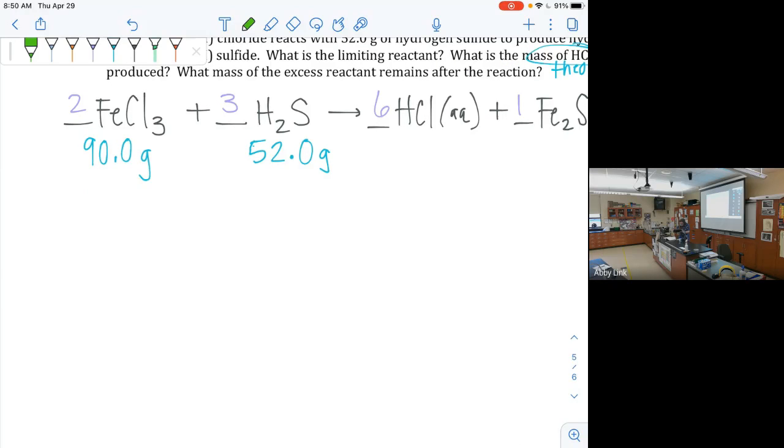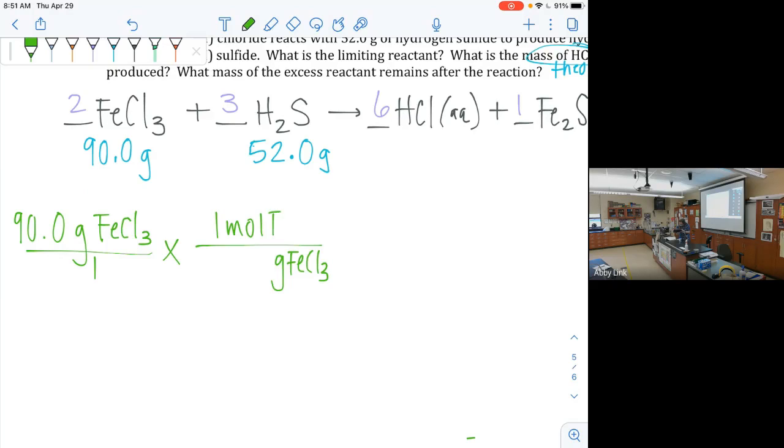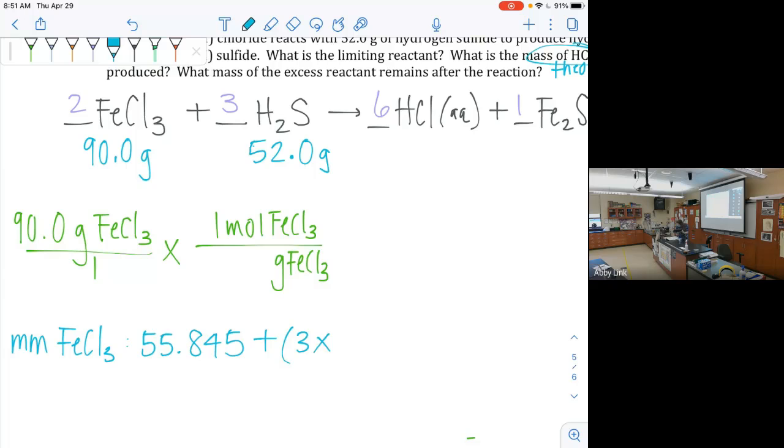All right, so let's do our first calculation. We'll start with our first reactant, so 90.0 grams of FeCl3. You know the drill by now. We're going to have grams of FeCl3 in the denominator and 1 mole of FeCl3 on the top. We need the molar mass of FeCl3, so let's calculate it. Iron is 55.845 plus 3 times chlorine, which is 35.4527.